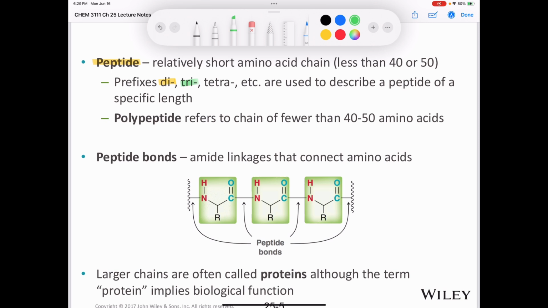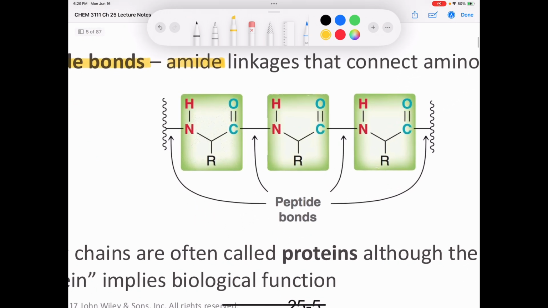Now, this word peptide that you keep hearing me say, a peptide bond is nothing more than an amide bond. I repeat, okay, when you hear me talk about a peptide bond, it's just an amide bond. The only difference is a peptide bond is an amide bond that connects amino acids. So you see here we have a tripeptide. Well, it's not really a tripeptide because they're showing part of a bigger molecule.